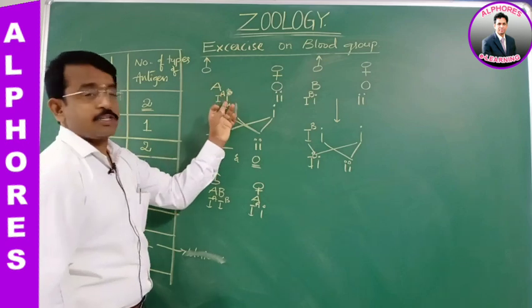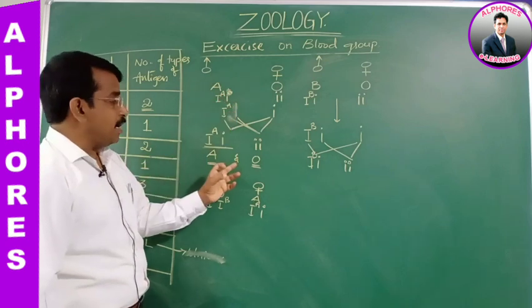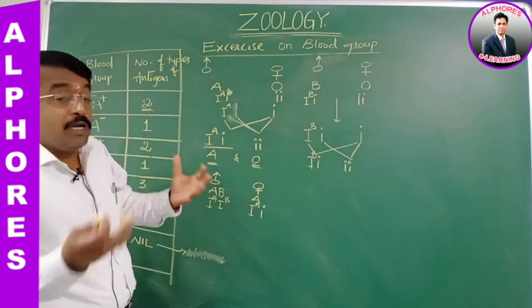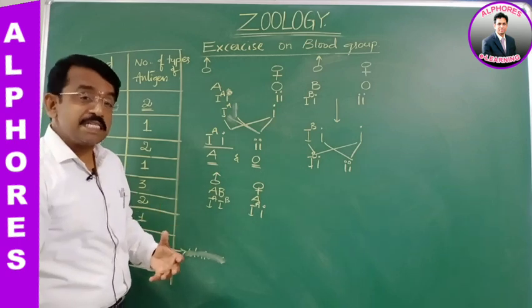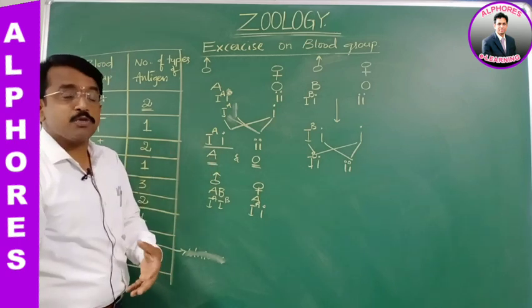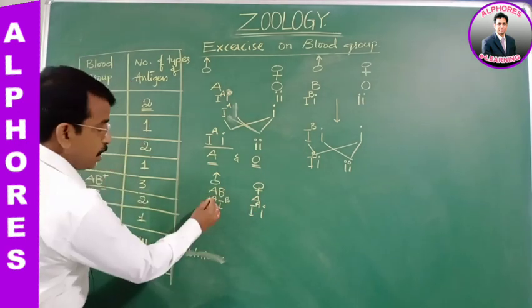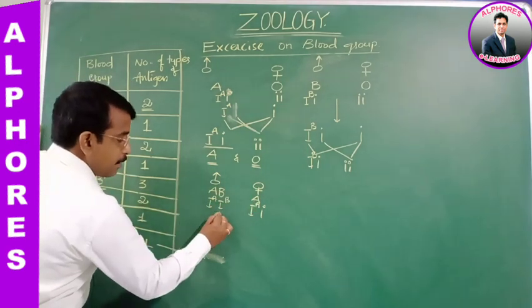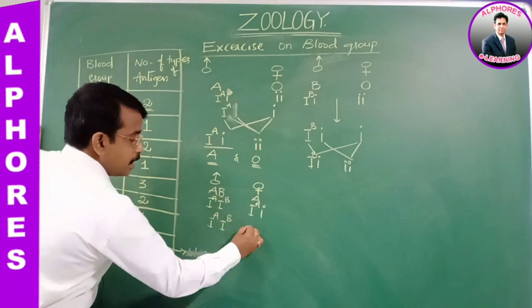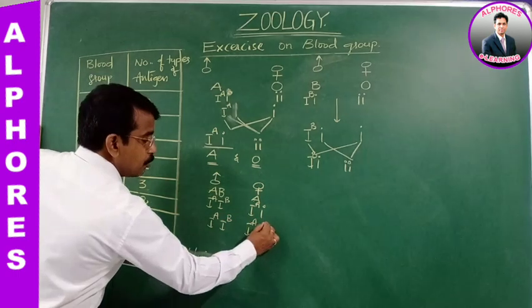If you take into consideration heterozygous, then more possible combinations take place. So more possibilities are there. Now here IA, IB and IA, IO.